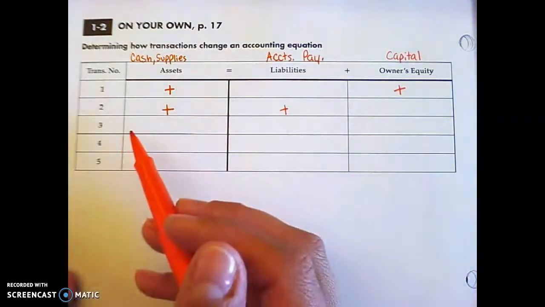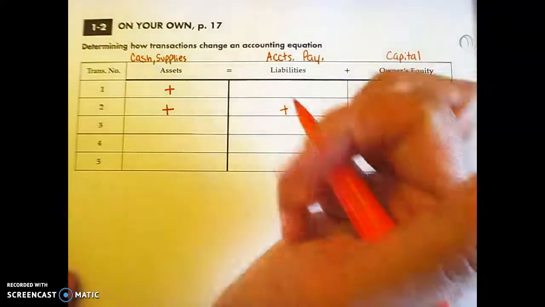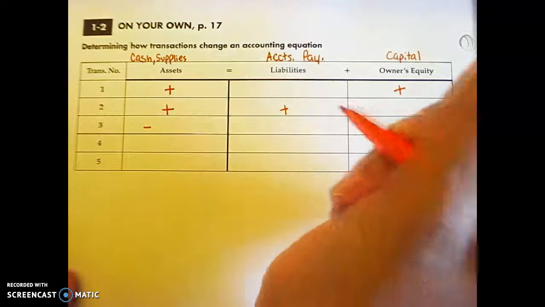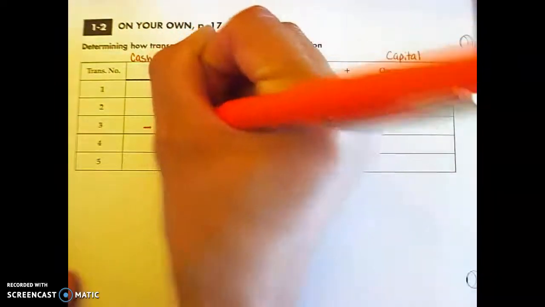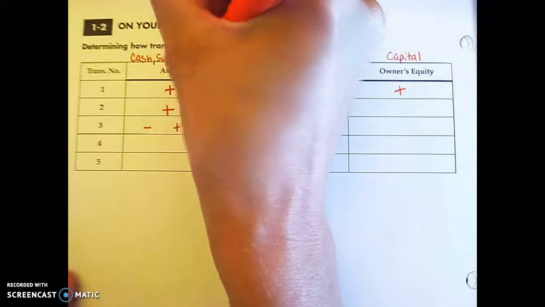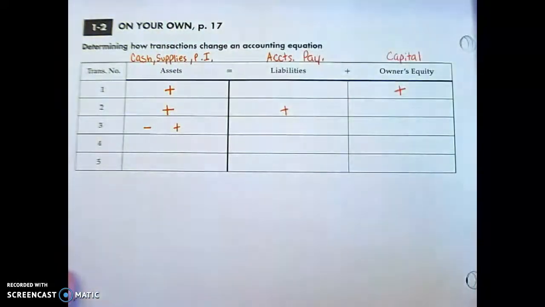The third transaction, paid cash for supplies. We're paying cash, so that's going to subtract from the cash, and our supplies is increasing, so supplies will receive a plus. The fourth one, we paid cash for insurance. I'm going to abbreviate prepaid insurance as PI just to fit it up here and save time.